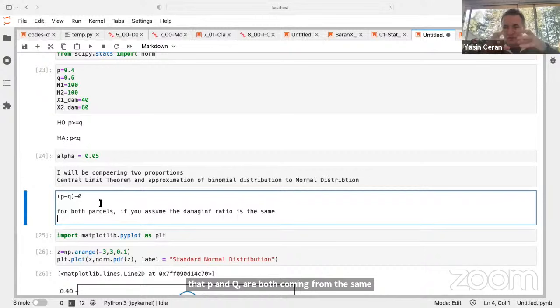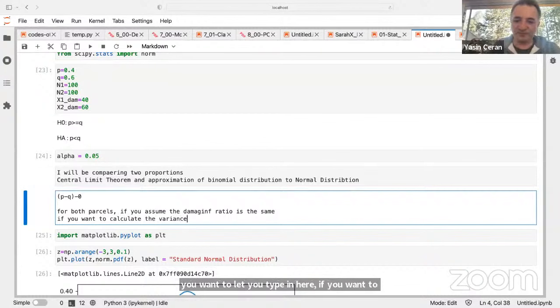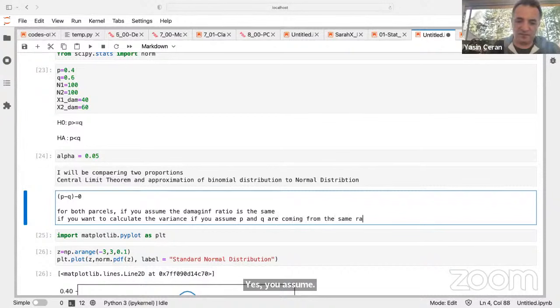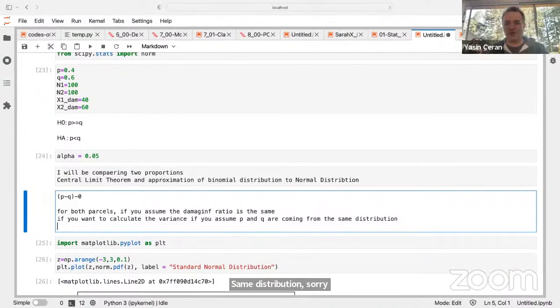And if you assume that they are coming from the same distribution, then if you want to calculate the variance, we need to compute the variance or the standard deviation for the pooled packages.